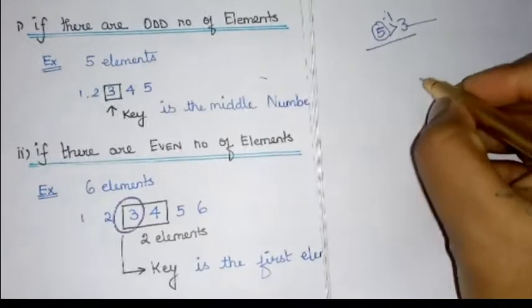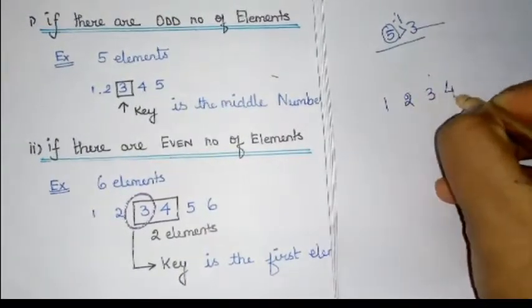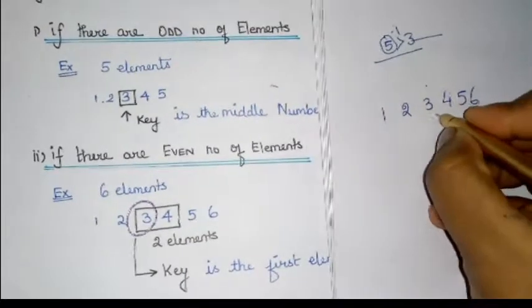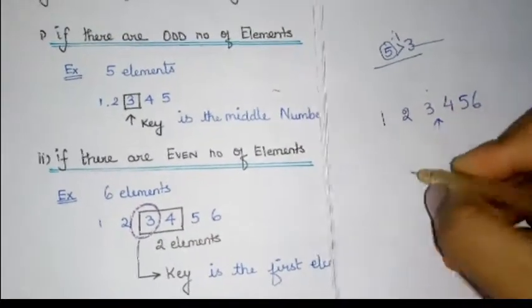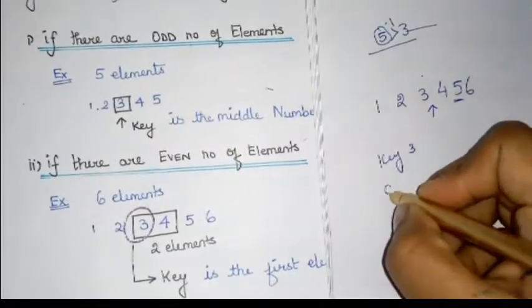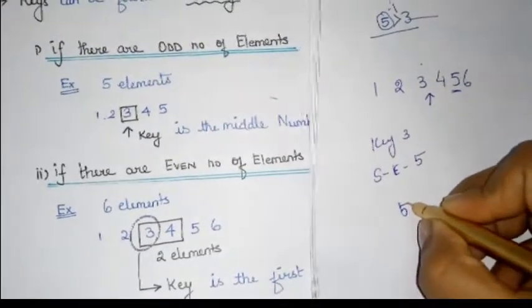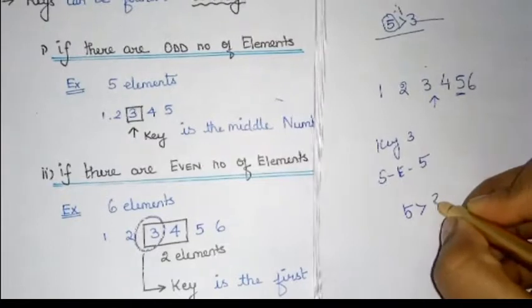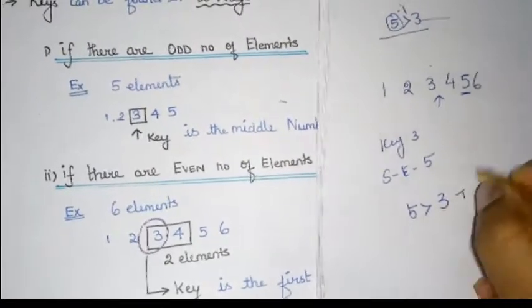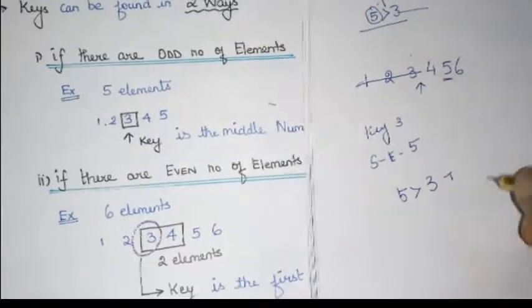Suppose there are 6 elements and my key is 3, I want to search 5. My search element is 5. I'll be comparing whether my search element is greater than 3 or not. This is true, so I can cut off till 3, till the key.